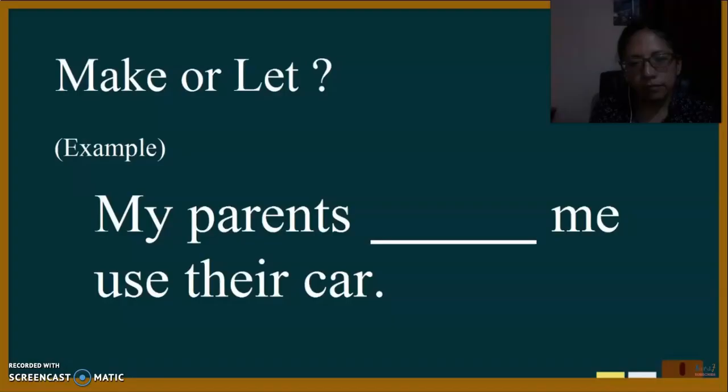Now let's practice together. I will show you some sentences. Use make or let. It's your turn.